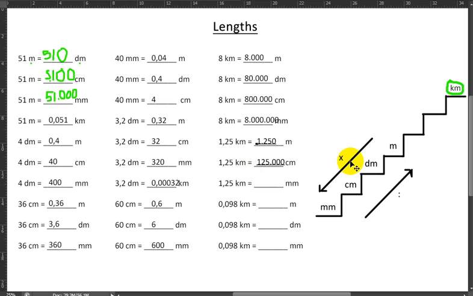Next up, into millimeters, so that's 6 steps down. Multiply this by 1,000,000, and what you get is 1,250,000.